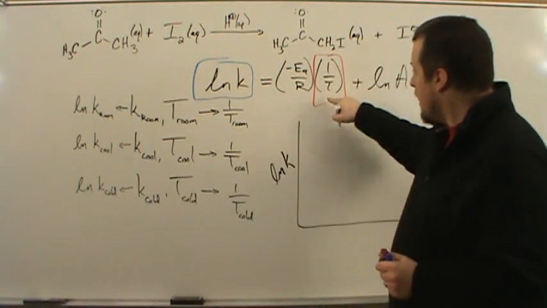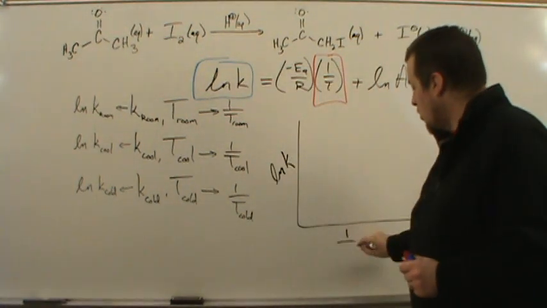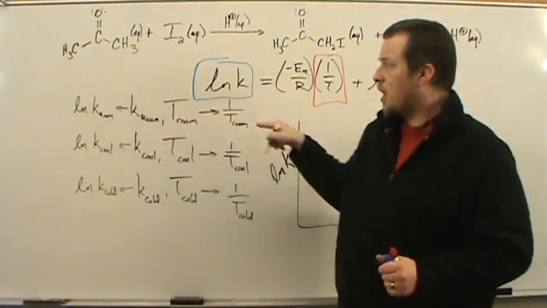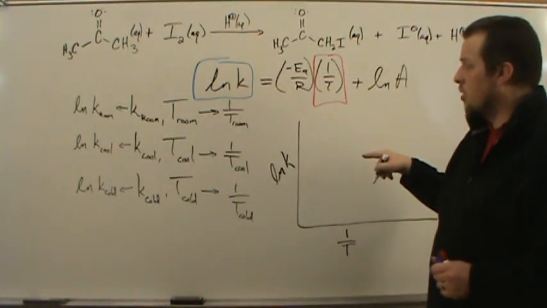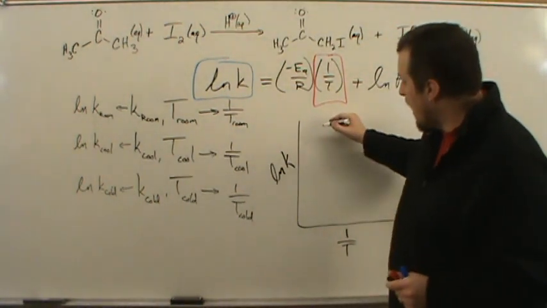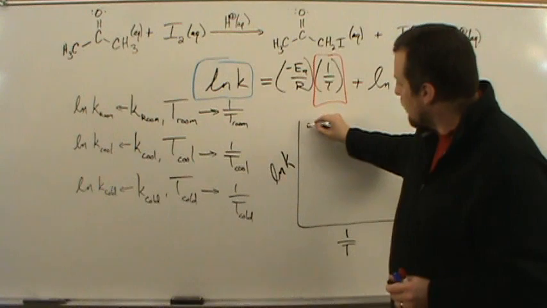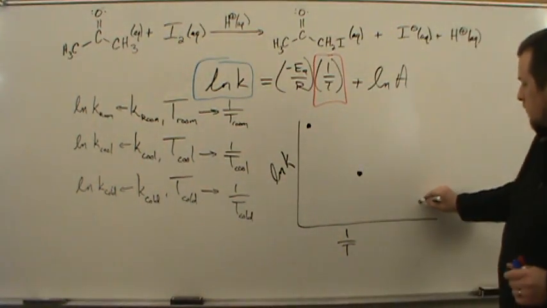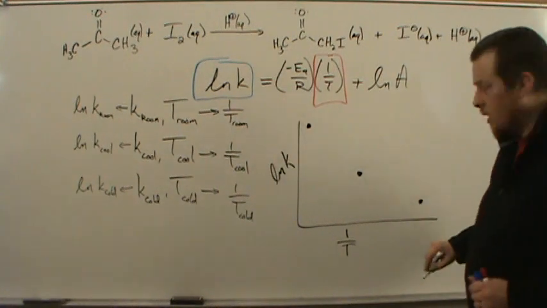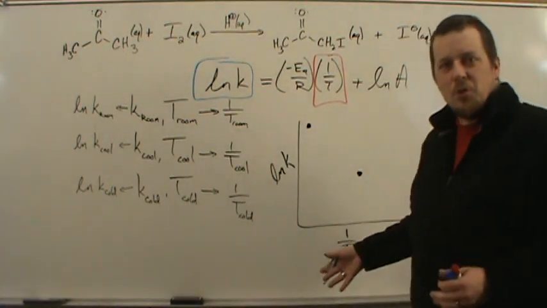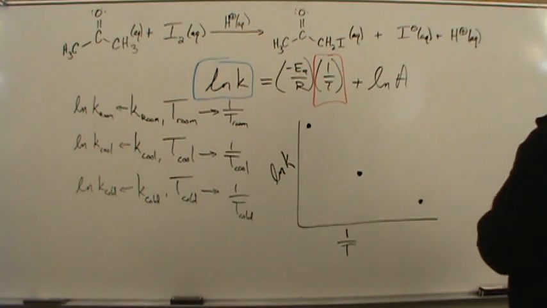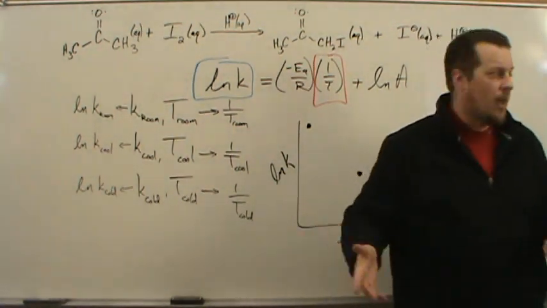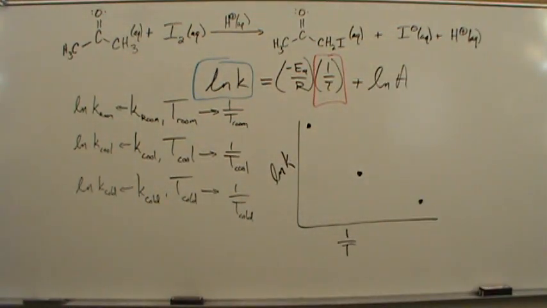Natural log of k, x is 1 over T. We just figured out our pairs of data. Natural log of k, 1 over T. So we're going to have 3 data points. Once we have those 3 data points, this is where the whole idea of a line helps us out.